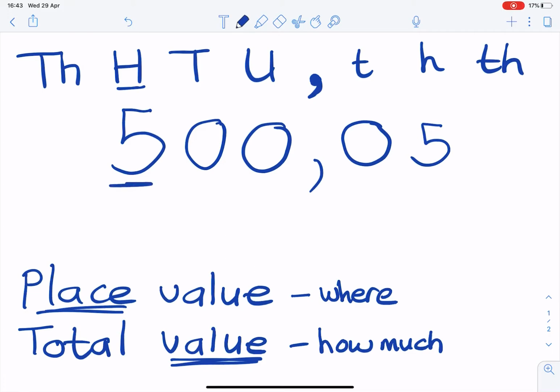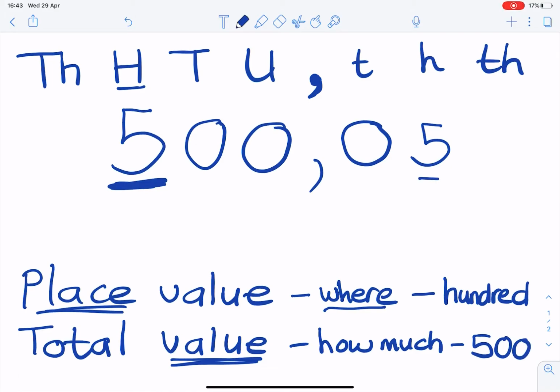So if we look at this 5, place value is asking you where it is, and it is in the hundreds column. So your answer would be 100 or hundreds. The total value, how much is this 5 worth? It is worth 500.